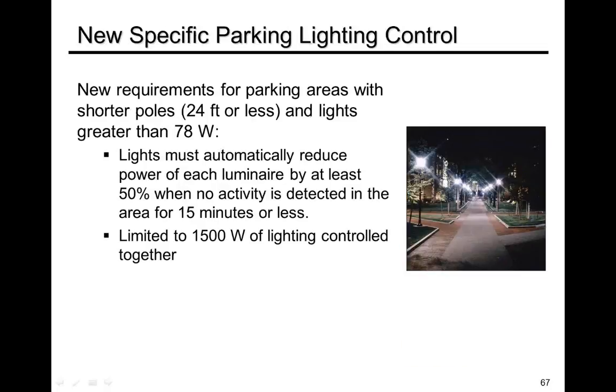A new requirement, next slide, that's been added is for parking lot control. Occupancy sensing and occupancy-based control has always saved energy, but it's been a problem in parking lots because of high poles, large areas where the sensor wouldn't work.